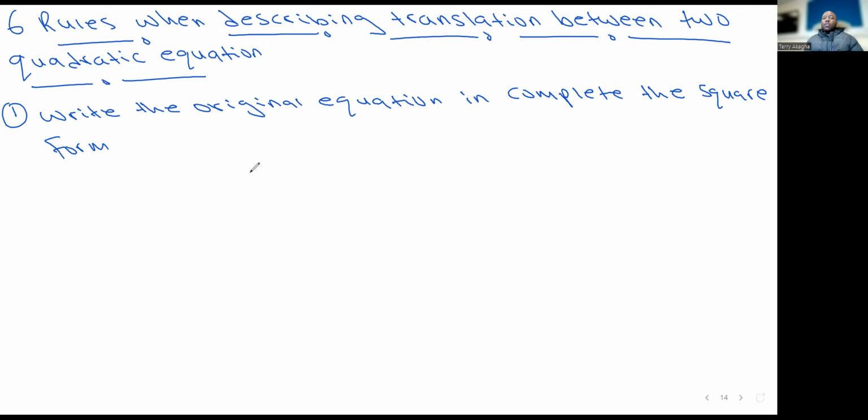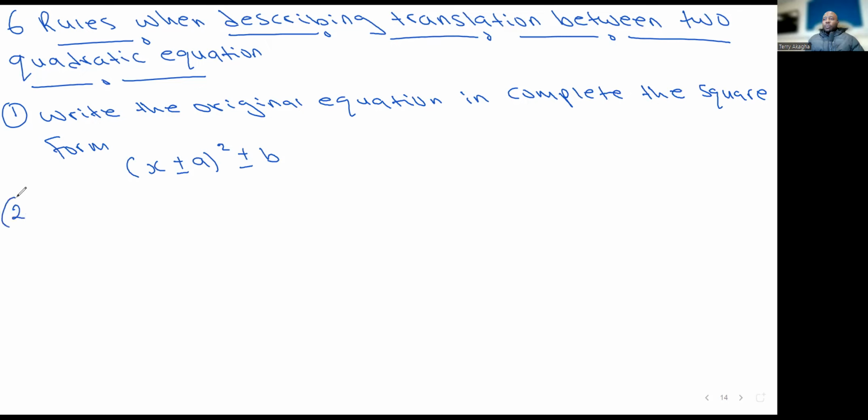And remember, complete the square form is x plus or minus a, squared, and you can have plus b or minus b. Is that making sense? So that means you can have x plus a squared plus b, or x minus a squared minus b, or any of these forms. So I showed you how to do this.